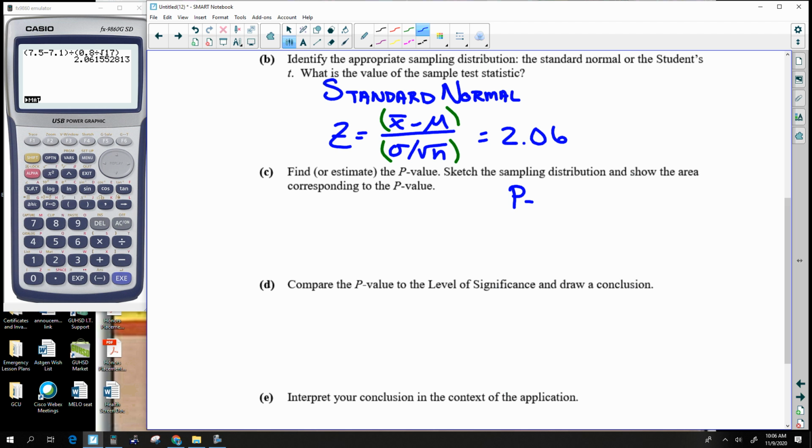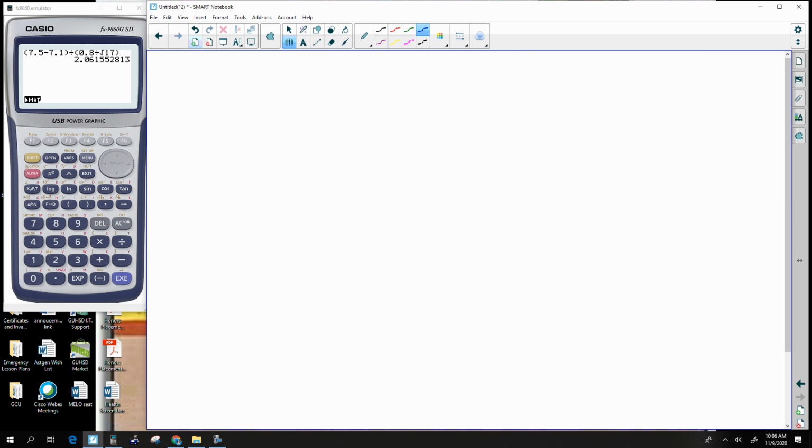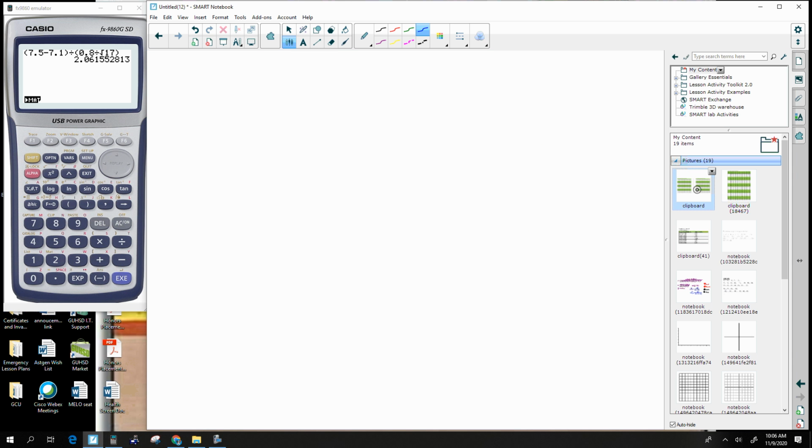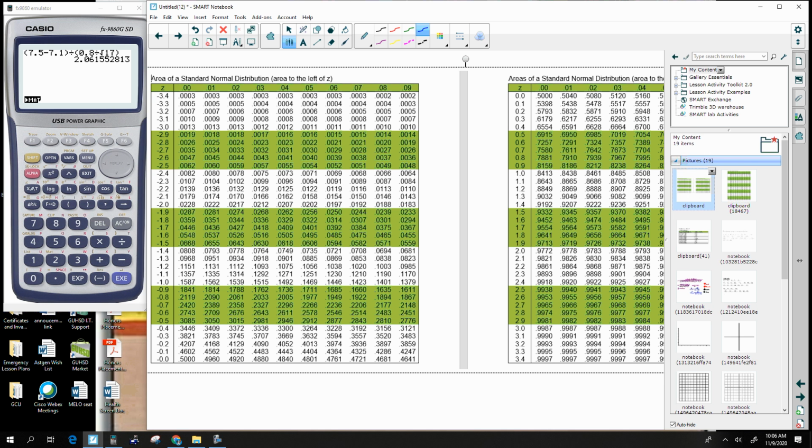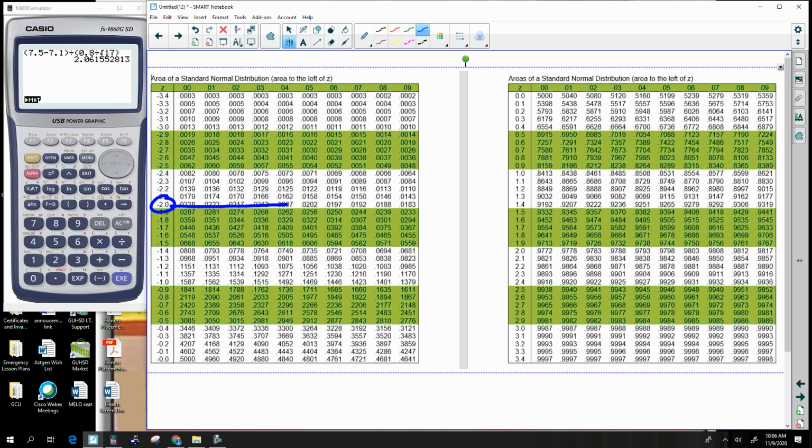Okay, because this is a two-tail with a z, I'm going to have to double this p-value. Well, let's just see what it originally is. So z is 2.06. I look that up as a negative, so negative 2.06. That gives 0.0197.